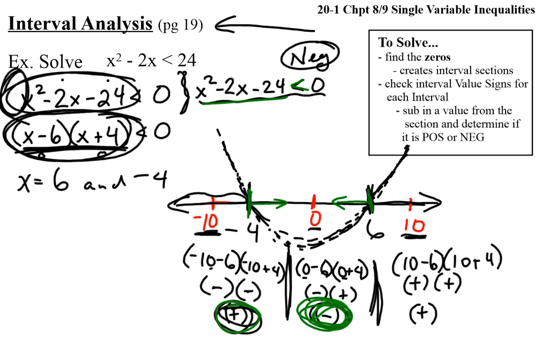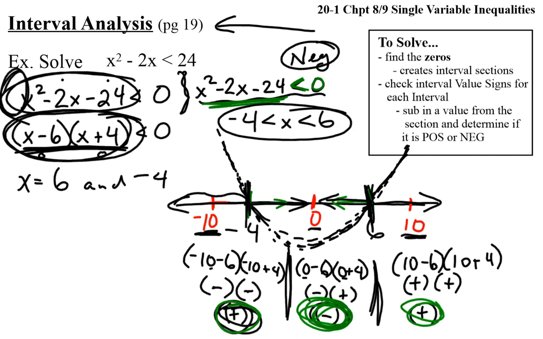The outside parts were positive, but this question is asking where the quadratic is negative. So the answer would be the points from -4 to 6. What points are that? We would want -4 less than or equal to x less than or equal to 6. And there's our answer by using an interval test point.